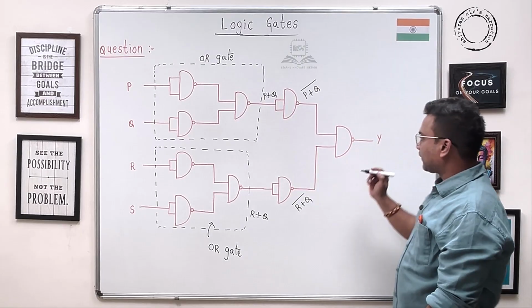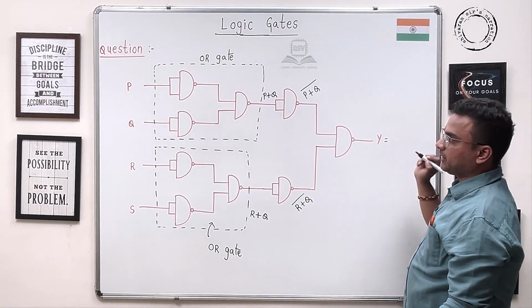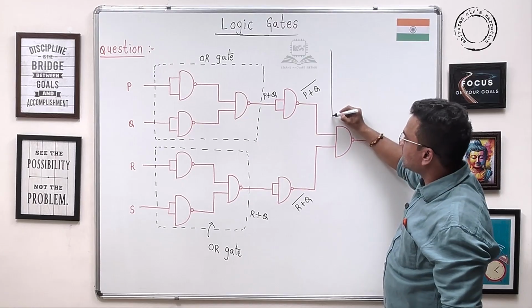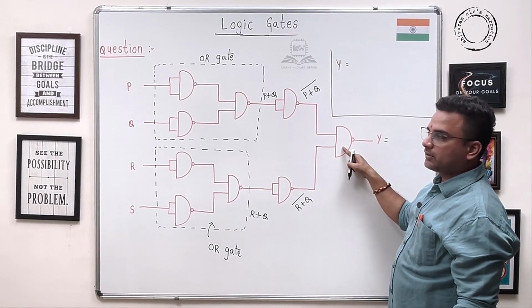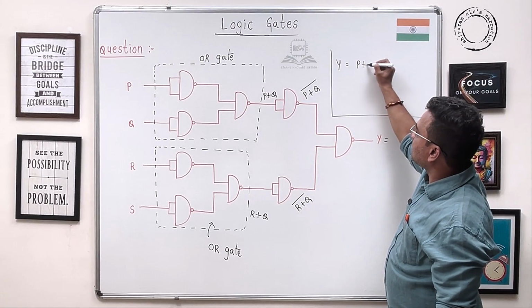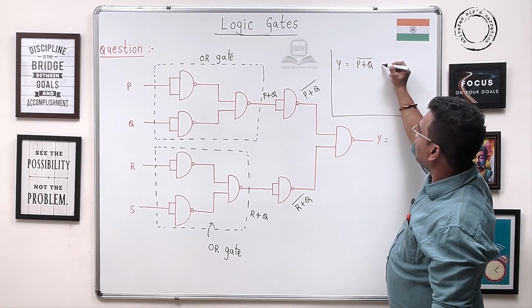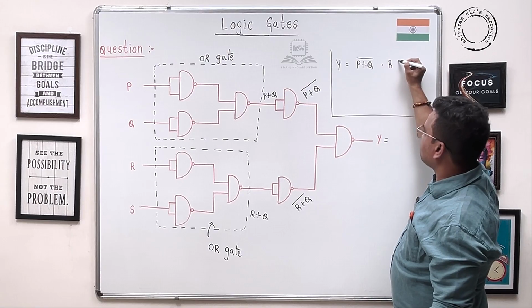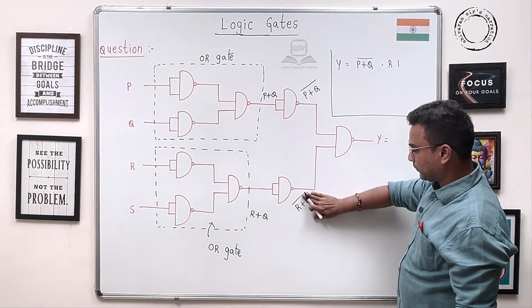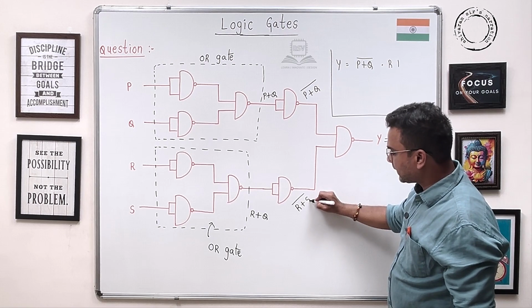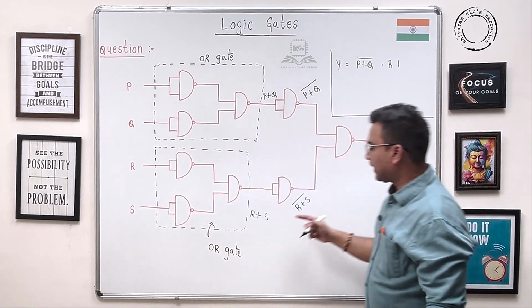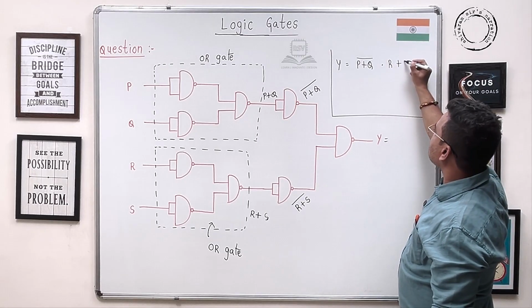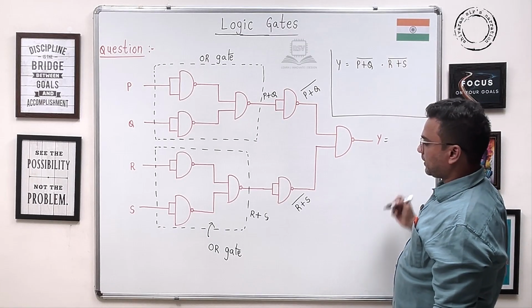Now here the final expression output Y. Coming to this, here it is a NAND gate only. Therefore, P plus Q whole bar into R plus S. Oh, sorry guys, this is S. Here R plus S whole bar.